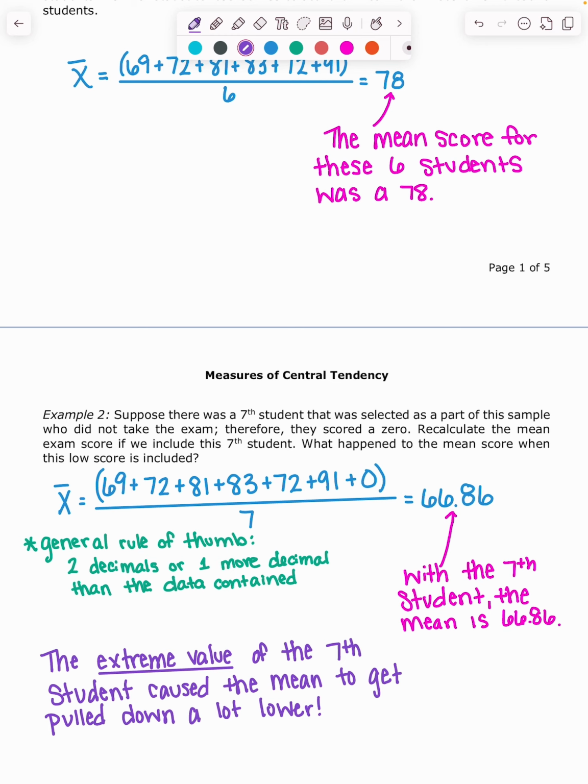Right? We started at a 78 and now we've dropped down to a 66. That's 12 points lower by including that zero. So extreme values, either extremely low values or extremely high values, can have a big effect on our mean. And that is how we calculate the mean, and that is the effect of extreme values.